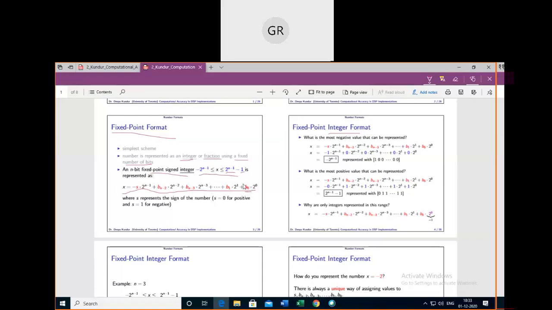Here b0, b1, b of n minus 3, b of n minus 2 are the binary numbers.